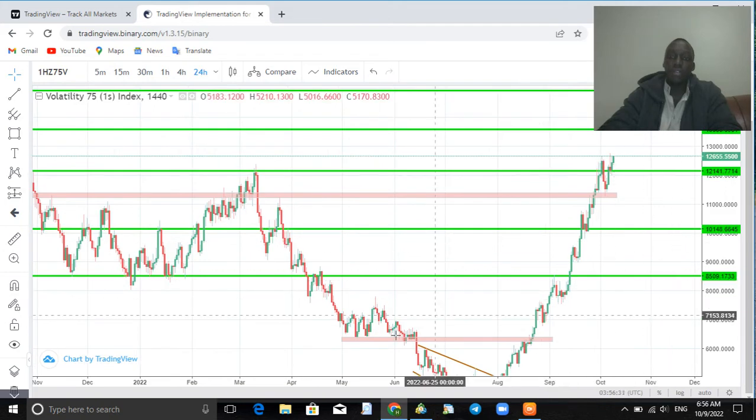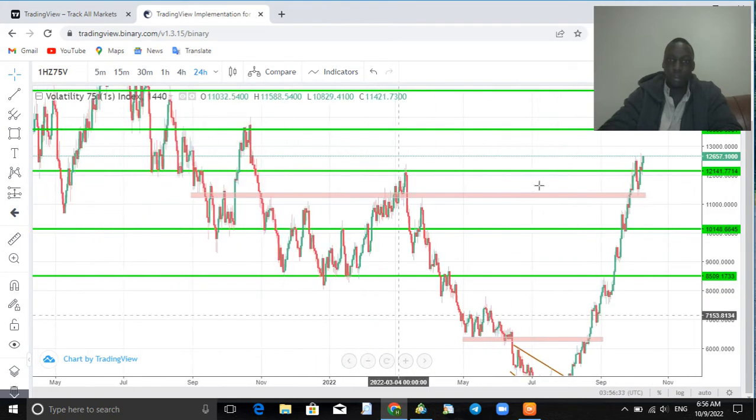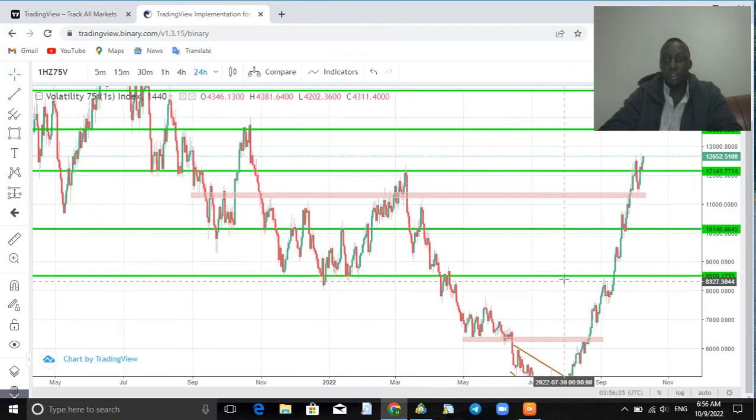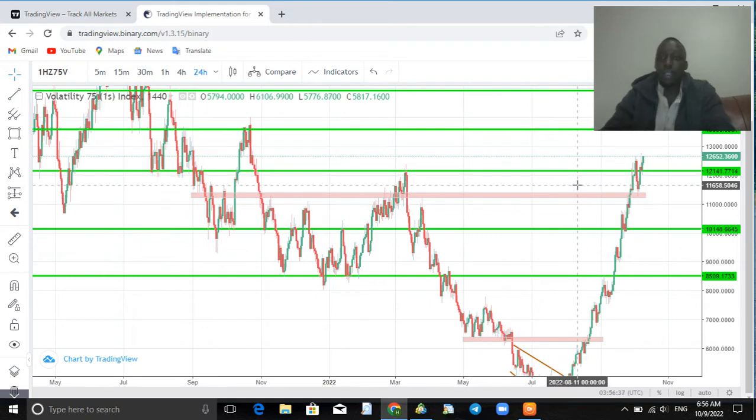Now these levels which you see me highlighting with horizontal lines, these are major market key levels. Why do we call them major market key levels? Prices of different instruments, it can be indices or currency pairs or these indexes, we know that whenever the market reaches these particular areas, we are expecting a lot of reversals.